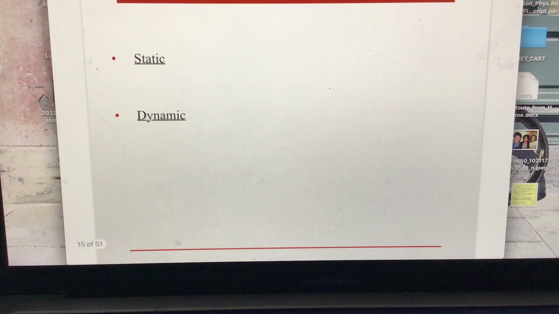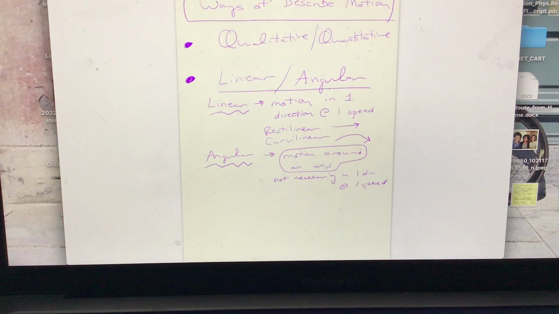And then, again, all these terms, oftentimes we can combine them, but I just want to make sure that you're able to define these. So sometimes we can use the terms static and dynamic to describe motion. I think you know what these are.